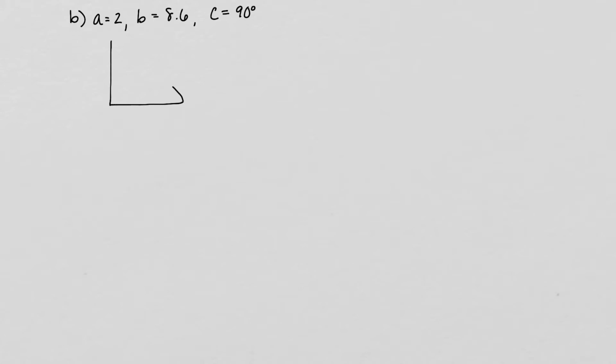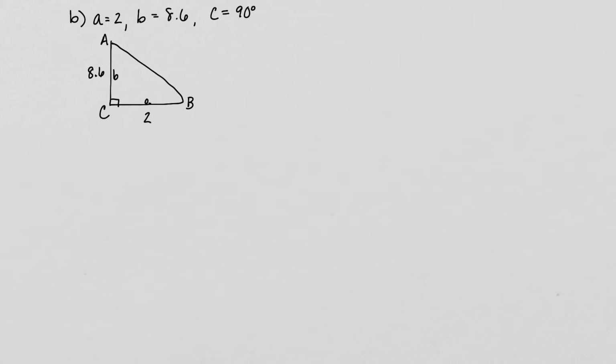So again, if I draw my picture, let me say this is A, this is B, this is C. So the side across from A is little a, right? This is going to be little a, this is going to be little b. So a is 2, b is 8.6.